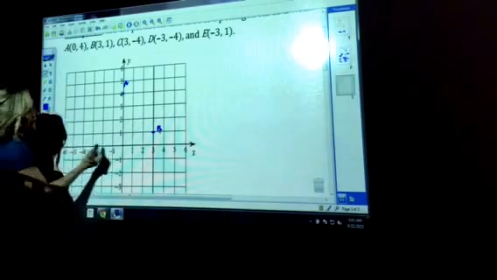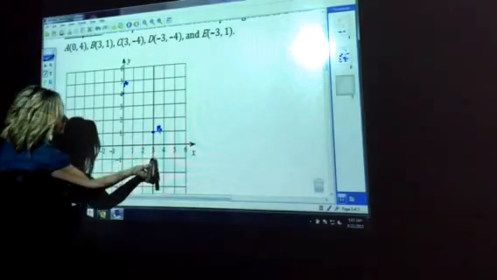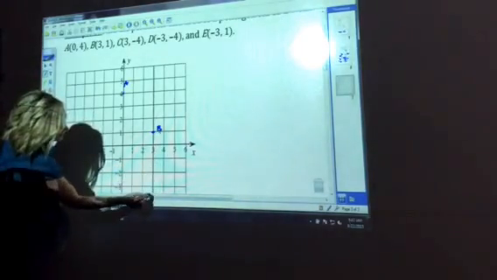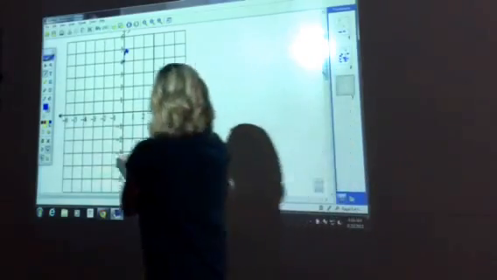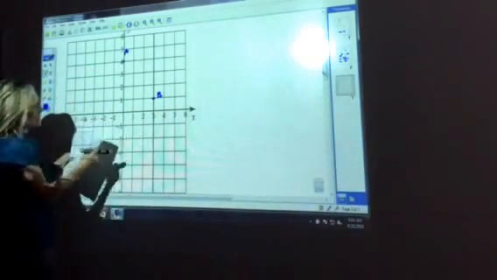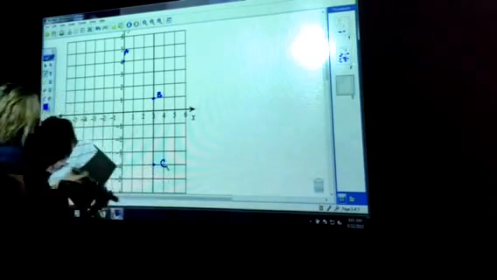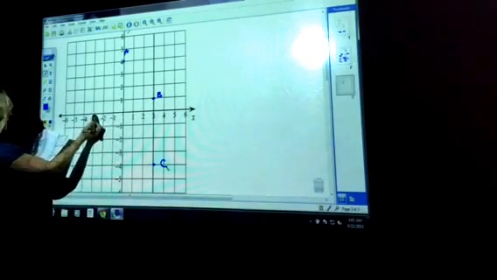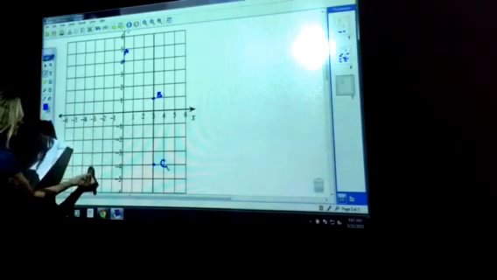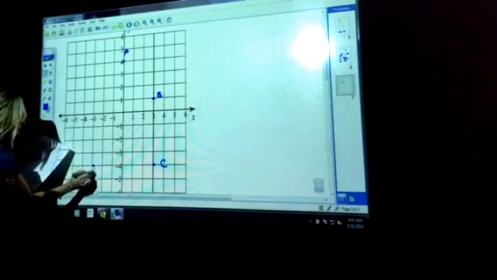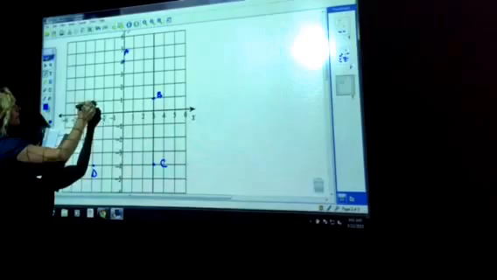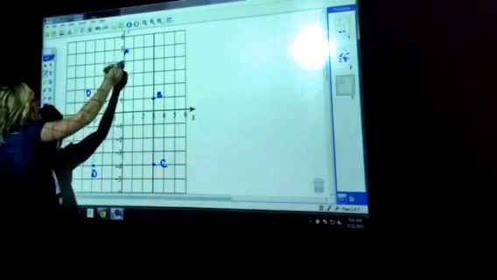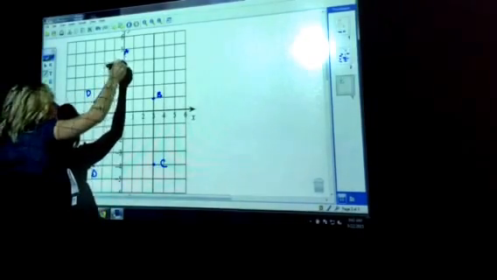C is located at 3 down 4. 1, 2, 3, 4. D is located at -3 down 4. And E is located at -3 up 1. All right, so you've got this pentagon right here.